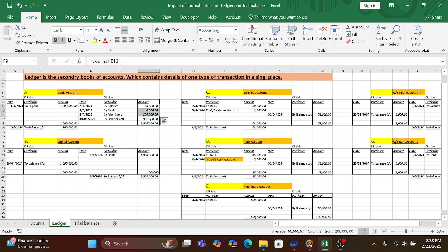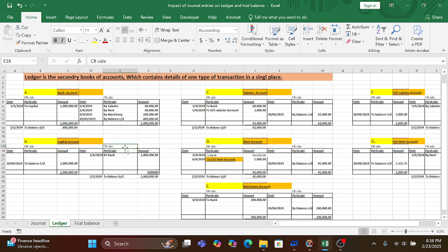So our net balance will be 8 lakh rupees. We will close our balance by balance c/d, because we need to total our balance here, and whatever the total balance is, we need to deduct the balance which we have paid. So our balance will be 8 lakh rupees.